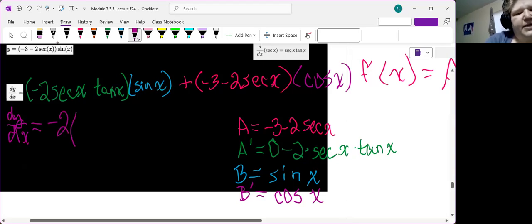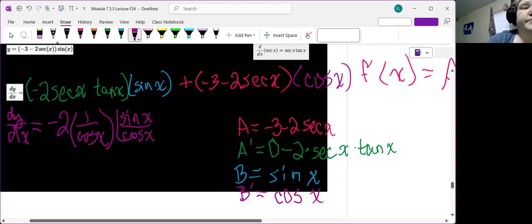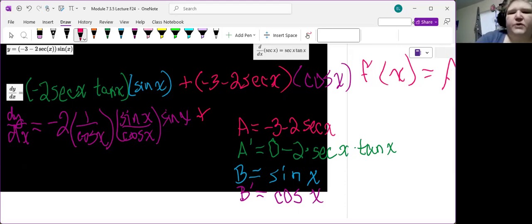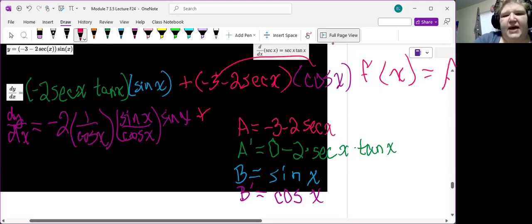All right, so the negative 2 is just going to be there. But secant is 1 over cosine. Tangent is sine over cosine. And then sine is just sine. Now this other part is a little uglier, because now we've got a cosine, but this is a 2-term thing. So this cosine is going to have to get distributed to both parts.